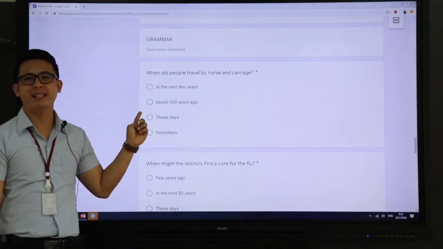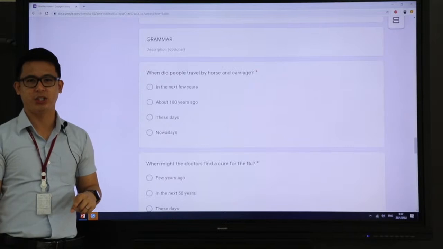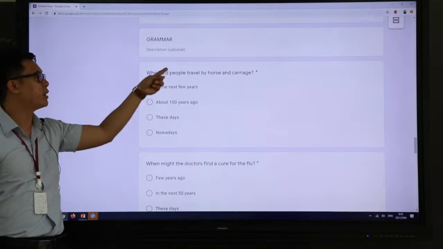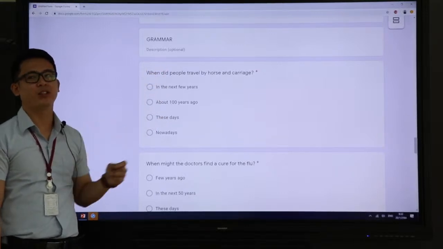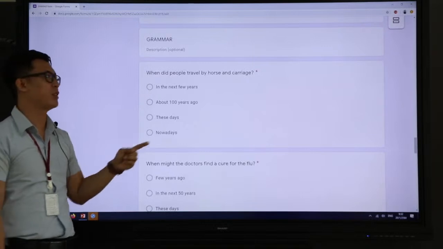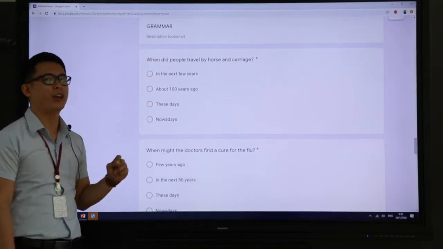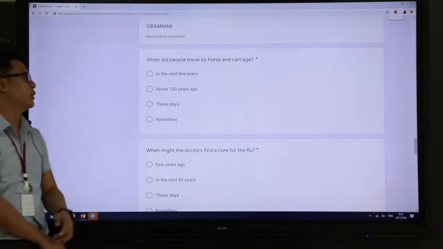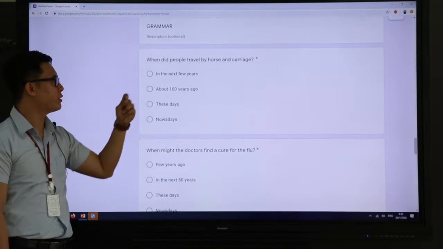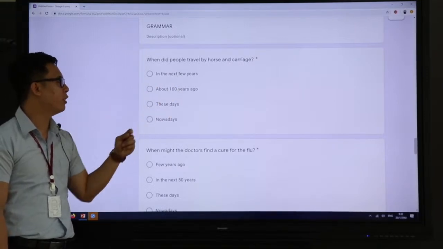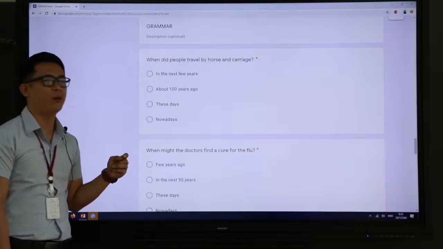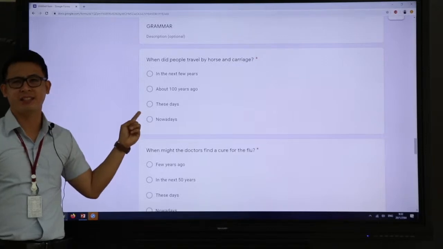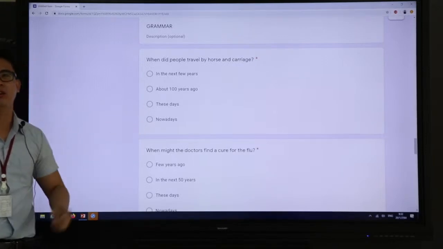Is it about the past, present, or future? Of course, it's about the past. Why? Because of the word did. The question is talking about the past because of the presence of the word did. So your answer should also be about the past. Is it in the next few years, about 100 years ago, these days, or nowadays? These are your time expressions indicating whether a sentence is about the past, present, or future.